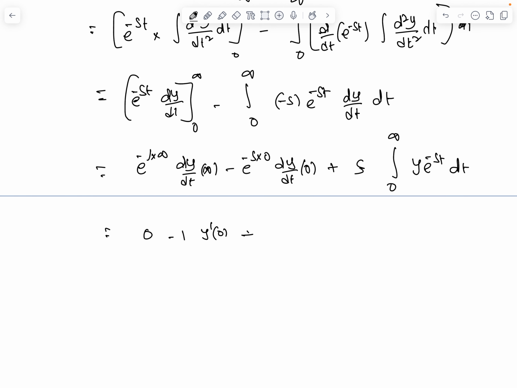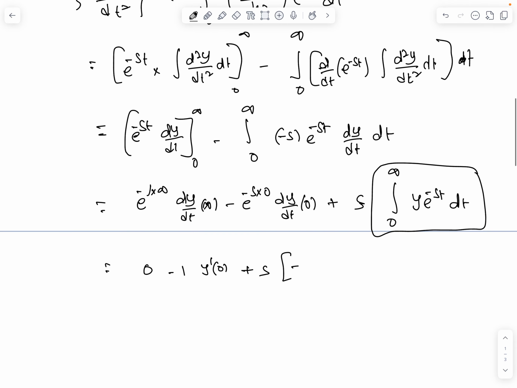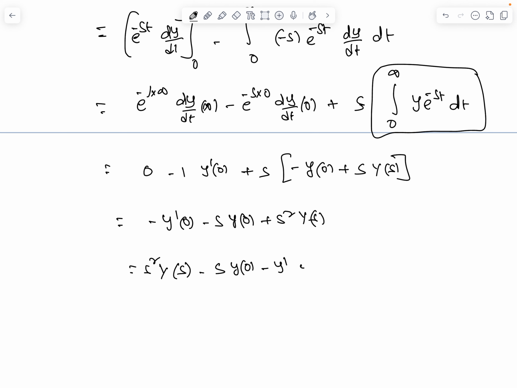This term we have derived here: it is minus y0 plus s into Y of s. If you simplify, this is minus y prime 0 and minus s into y0 plus s square capital Y of s. If you rewrite it, it is s square into Y of s, minus s into y0, and minus y prime of 0. This is the Laplace transform of d square y by dt square.